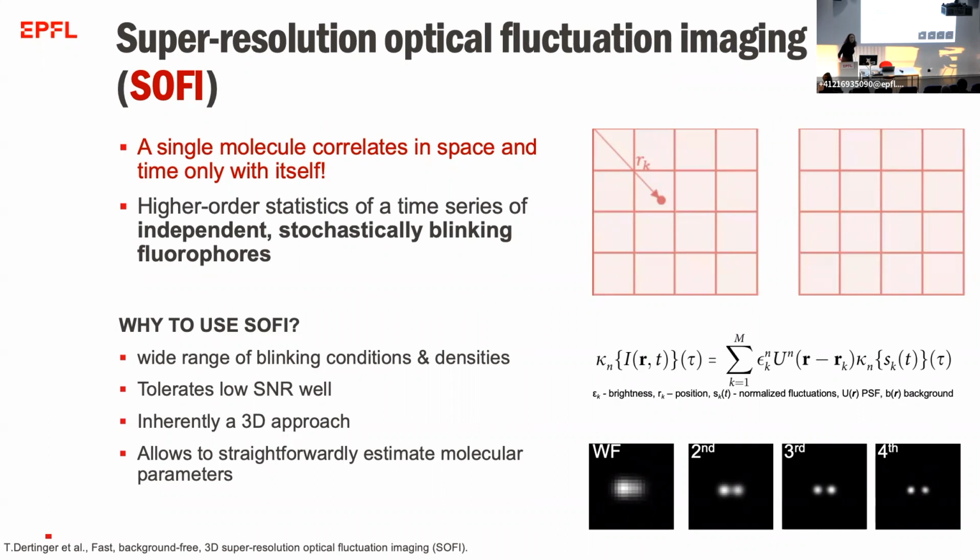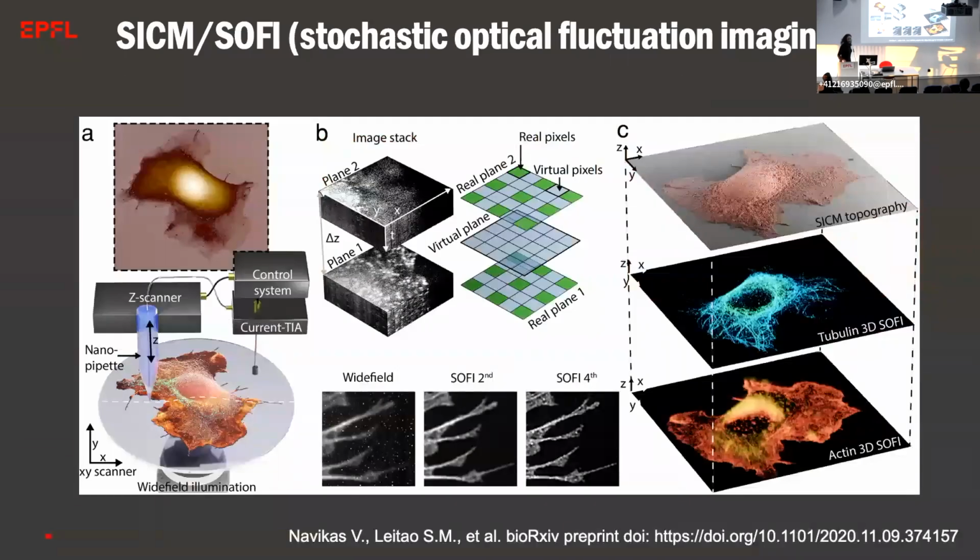So again, here, taking the same movie, we can play with the temporal resolution at the expense of the axial resolution. I hope I get this across. And one very nice thing about SOFI is that it also tolerates relatively high density of the fluorophore, so we can image very densely labeled species.